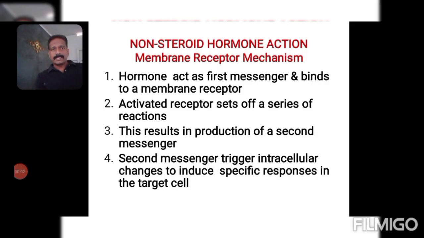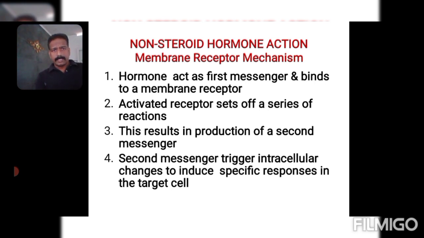The second mechanism is non-steroid hormone action through the membrane receptor mechanism and through the service of a second messenger. Here, the hormone acts as the first messenger and binds to a membrane receptor. The activated membrane receptor sets off a series of reactions which result in the production of a second messenger.